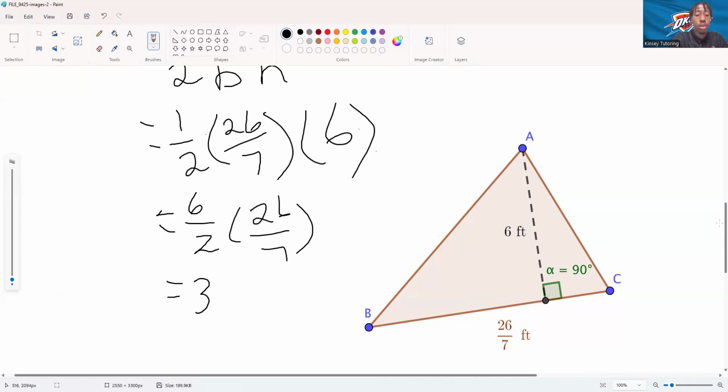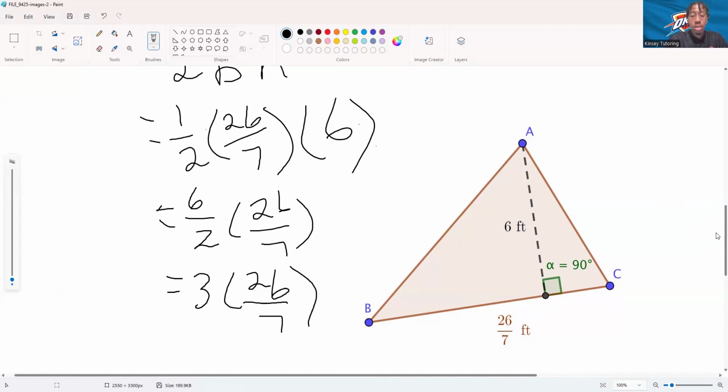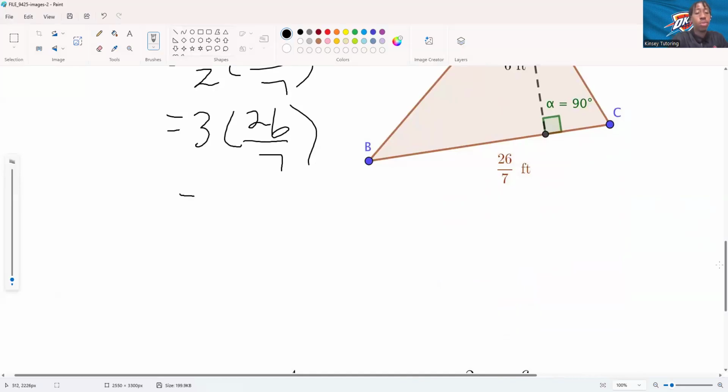Correct, 3. So now all we're left with is 3 times 26 over 7, which equals 26 times 3. Let's do some multiplication. 26 times 3, 6 times 3, 18. 3 times 2, 6, plus 1 is 7. 78. All right, 78 over 7.